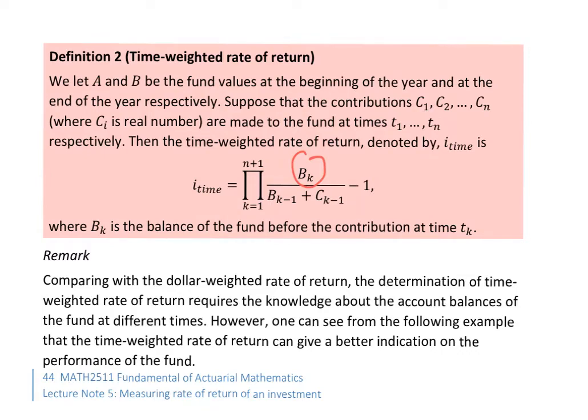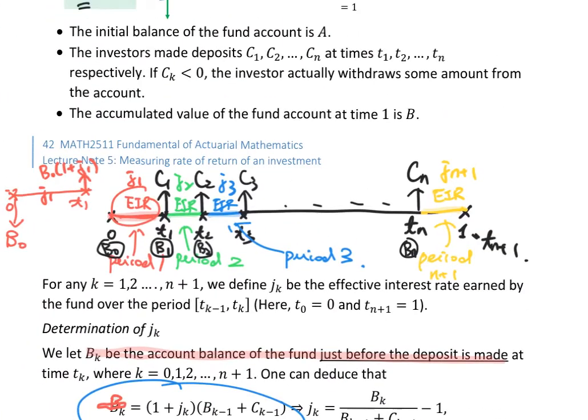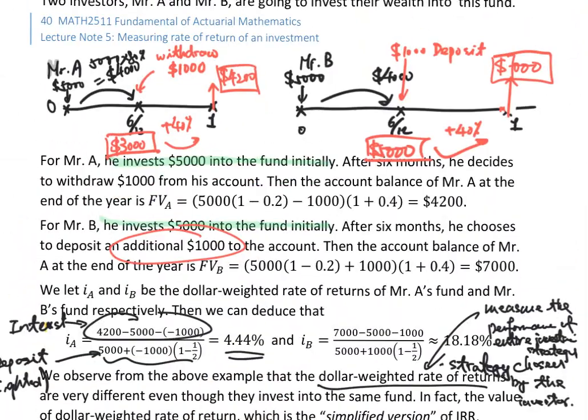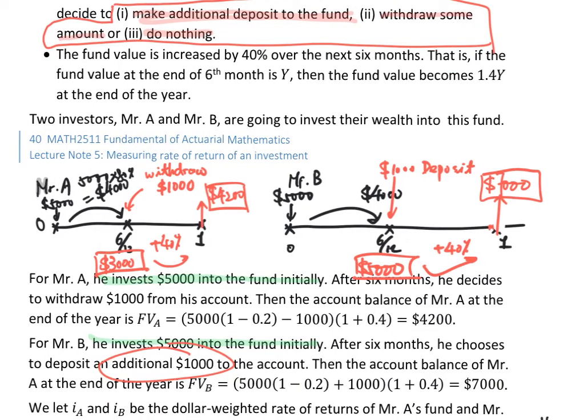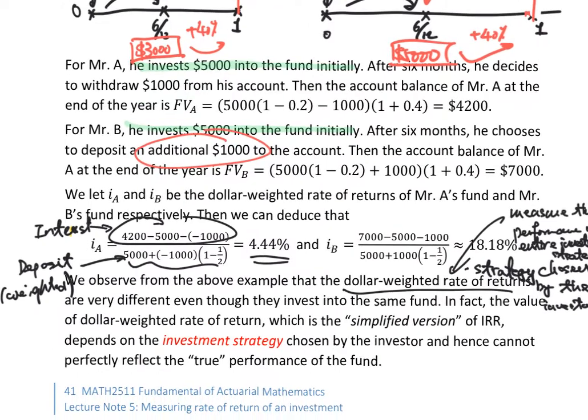To see this point, let us look at the earlier example about the investment by Mr. A and Mr. B. Remember that if I measure the performance of the investment fund using the dollar weighted rate of return, the values can vary a lot because it still depends on the action taken by the investor.